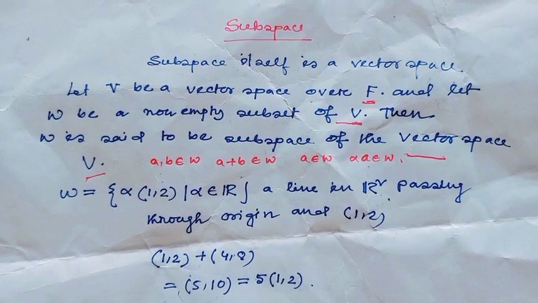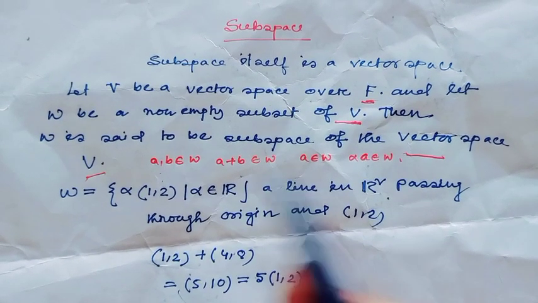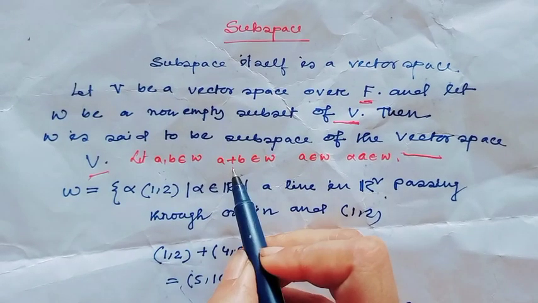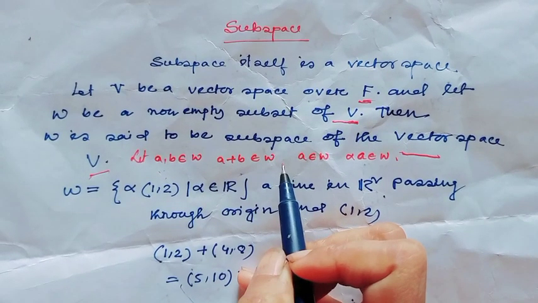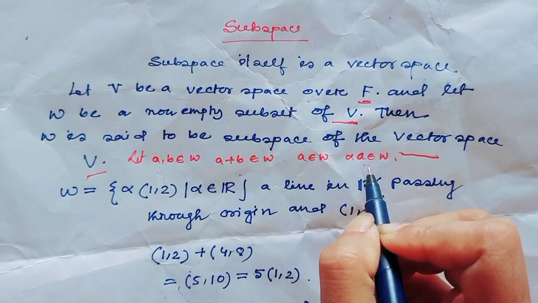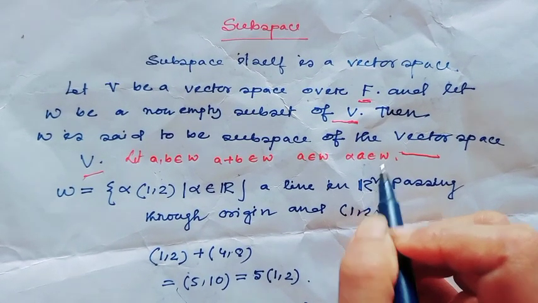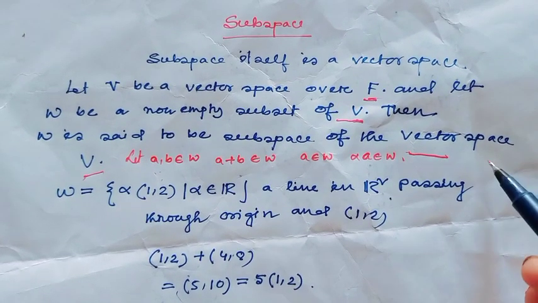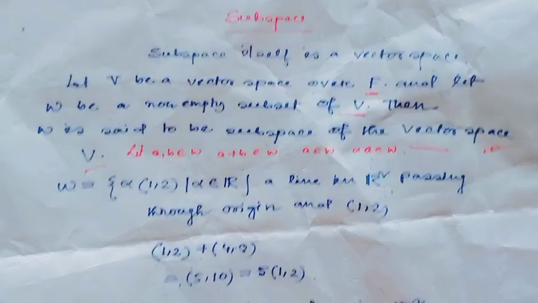And being itself a vector space means: consider two arbitrary vectors A and B in the set W. Then their sum belongs to W, and if A belongs to W, then alpha times A also belongs to W. This is the definition of vector subspace.